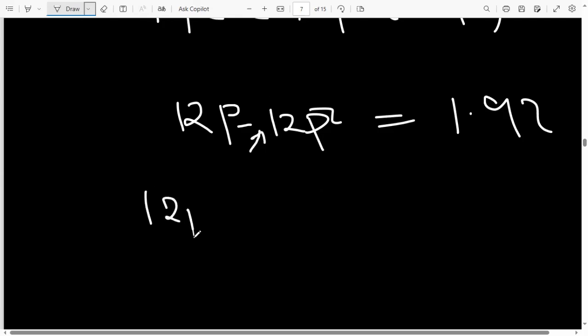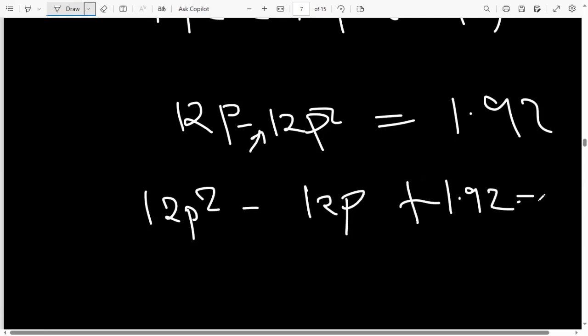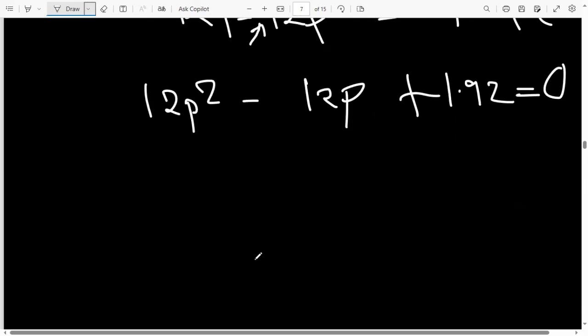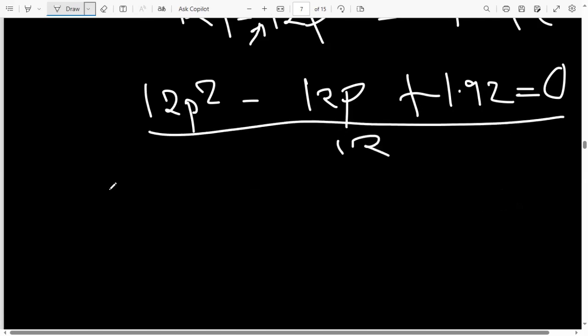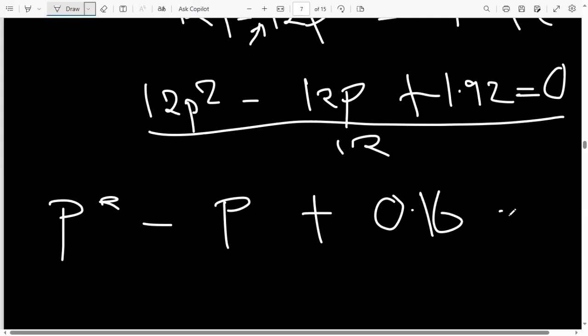It will be 12p squared minus 12p plus 1.92 is equal to 0. From here you use the quadratic formula. There are no factors that you can use here. Or if you want, you can divide this whole thing by 12, and you're going to have p squared minus p plus 0.16 equals 0.